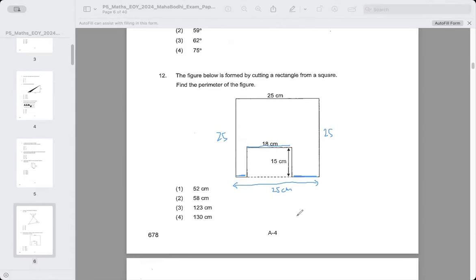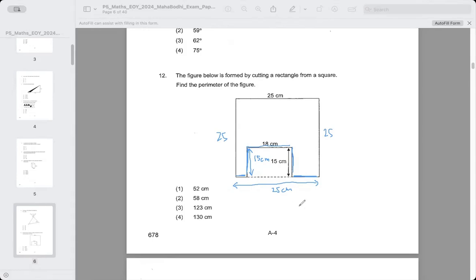And then which lines haven't I counted? I haven't counted this one here and this one here, right? So this one is 15, meaning the opposite side will also be 15 cm. So here to here is also 15 cm. Meaning if I want to find the total perimeter, I have 4 sides of 25, and 2 sides of 15 cm.